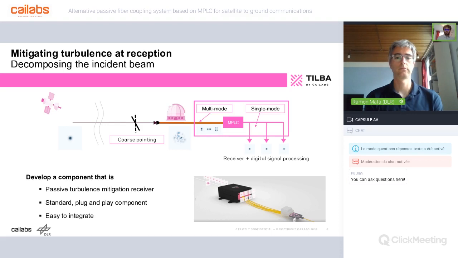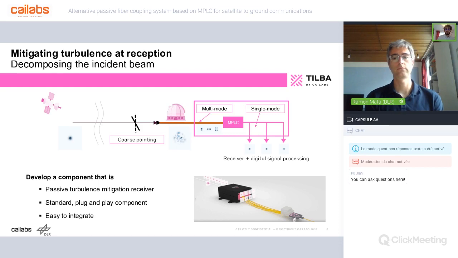So why is it interesting? It's really because you will still have fluctuation of the phase and amplitude of your mode, but this complexity will be transferred inside the single mode fiber.